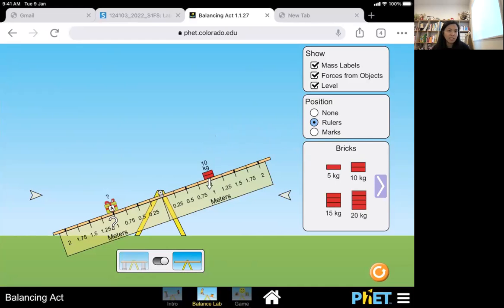It's heavier than 10 kilograms because it's still weighing down on the beam. All right, so should I move this 10 kilogram mass farther than 1 meter or closer than 1 meter to try and balance out the right-hand side?